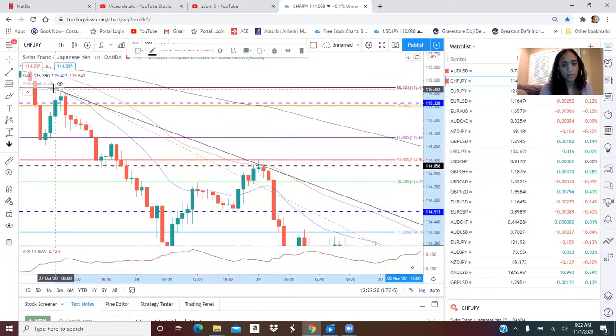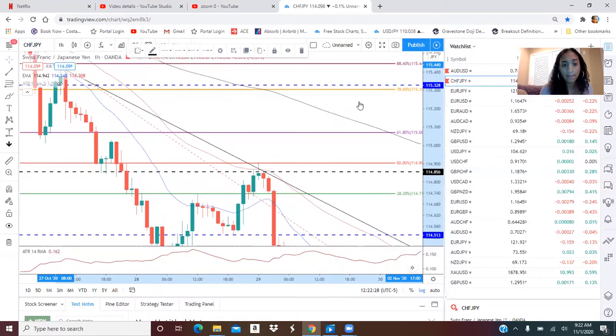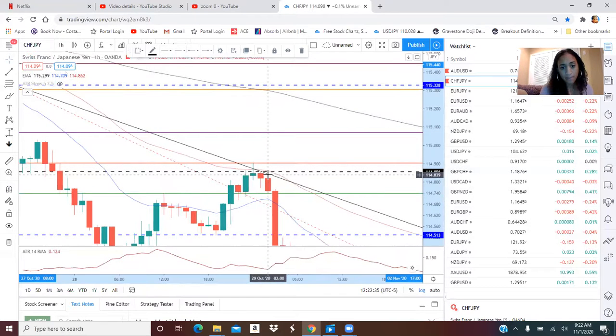Actually, we're at a trend line, and not only a trend line, but we're at the 20 EMA. So here we have the 20 EMA, and we have another evening star. We have a green candle, a small green candle, followed by a red candle.